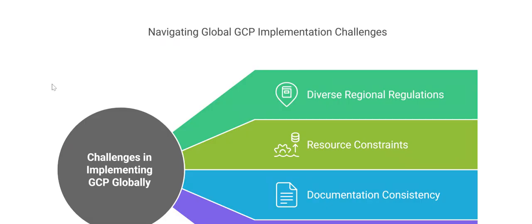And here we have a nice diagram about navigating global GCP, good clinical practice, implementation challenges, and the challenges in implementing GCP globally. As in the diagram, the same ABCD we mentioned: diverse regional regulations, resource constraints, documentation consistency, and evolving guidelines.